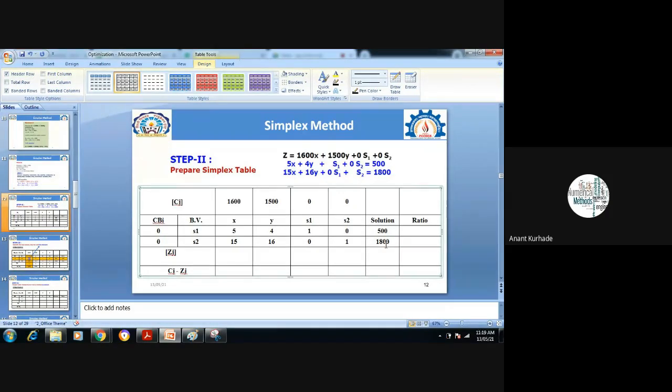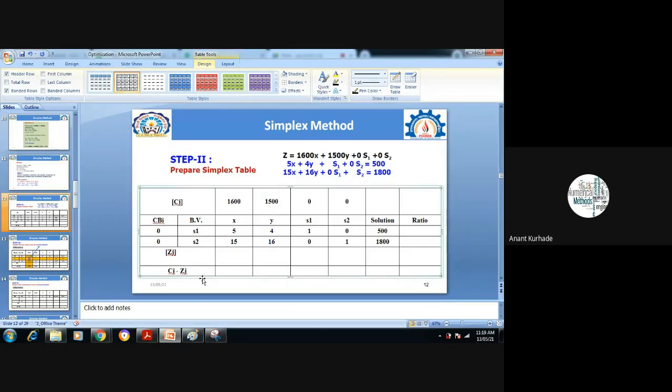Please cross check whether it is similar or different. The first: 5x plus 4y plus 1 s1 plus 0 s2 is equal to 500. Both constraint equations are correct. Again, check the objective function: 1600x plus 1500y plus 0 s1 plus 0 s2. All are correct.